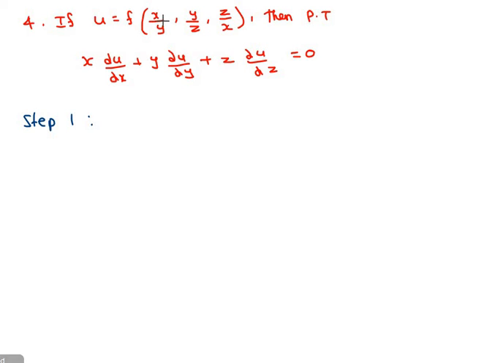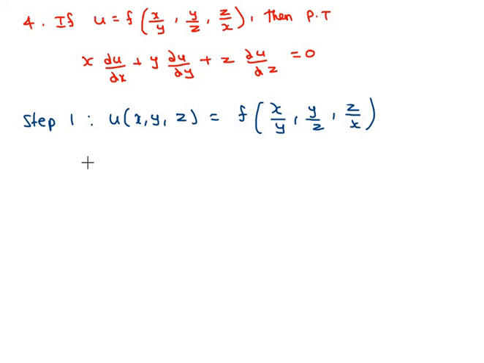Here u is a function of f and f is a function of x, y and z. So u of x comma y comma z is equal to f of x by y comma y by z comma z by x. To check whether it is a homogeneous function or not, we are going to replace x by tx, y by ty and z by tz.